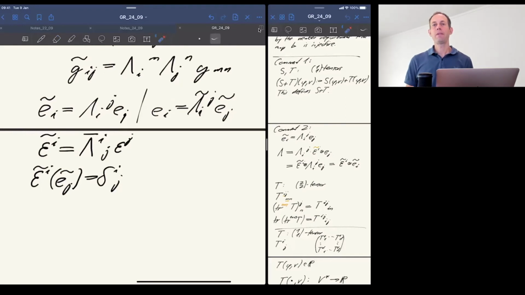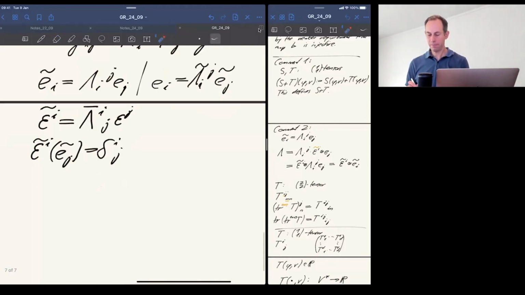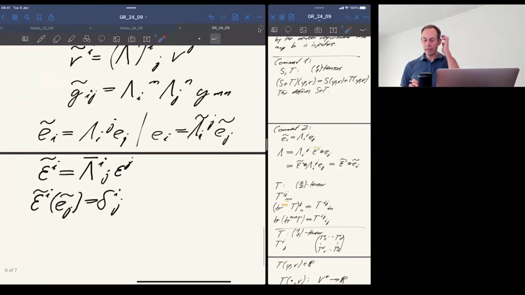So if we transform back from epsilon tilde_j to epsilon_i, then this matrix lambda is the same as the one in the vector space. Yes, so now there is something maybe I should mention in this context: there are actually four different ones a priori.